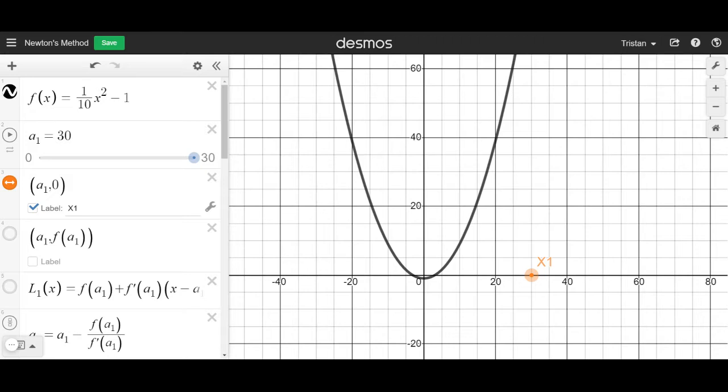Instead, we're going to approach solving an equation by essentially guessing what the answer might be, and then doing some calculation which will improve that guess. Then we'll repeat that calculation on the new guess and improve it even more.